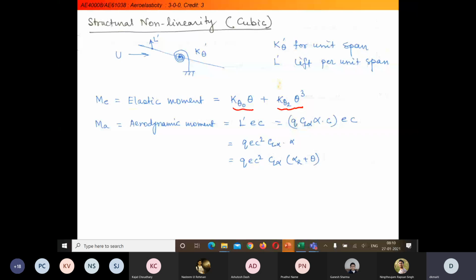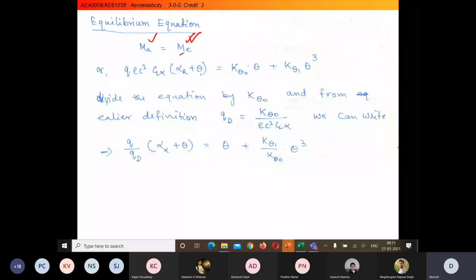And for the aerodynamic moment, whatever expression we have derived, that is q e c square C_L alpha multiplied by alpha plus theta, and the structural stiffness k theta naught into theta, then k theta 1 into theta cubed.